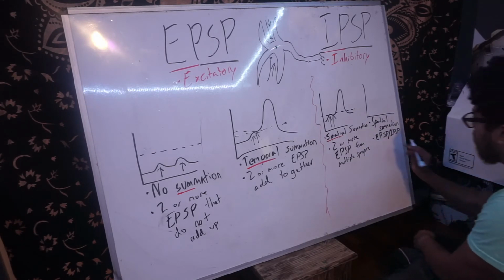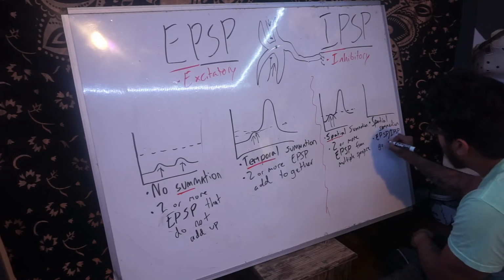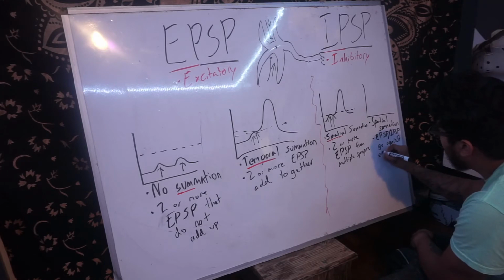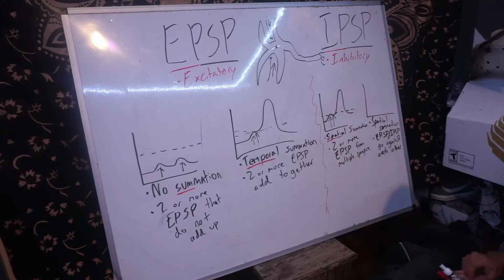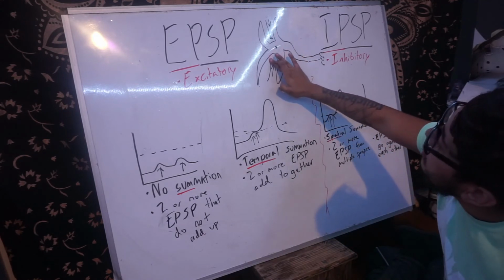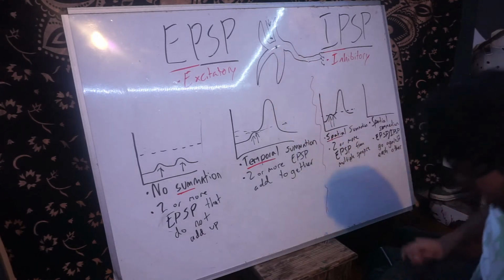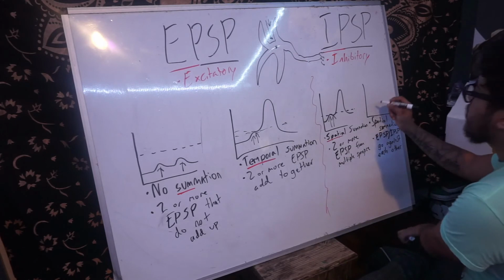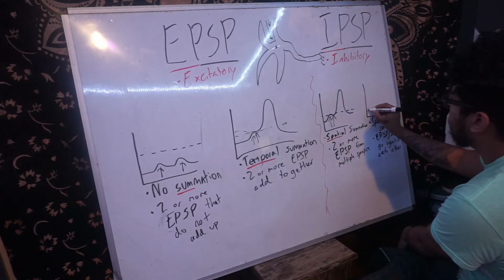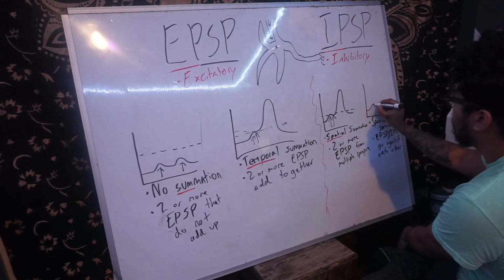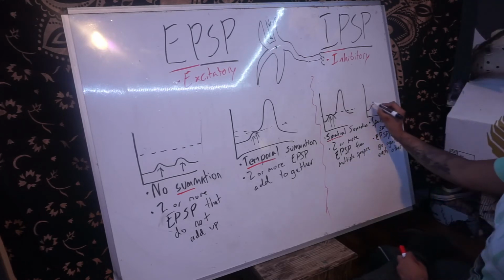Counterbalance? Contradict? Basically, these guys go against each other. So, let me erase this guy down here and illustrate it. It would be something like this, right? Something similar to that.